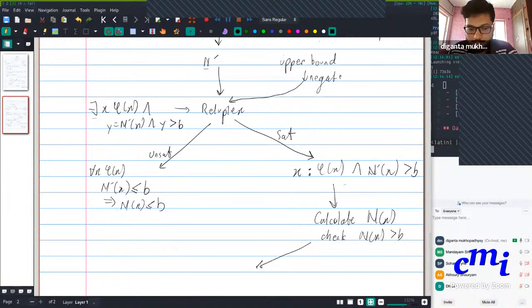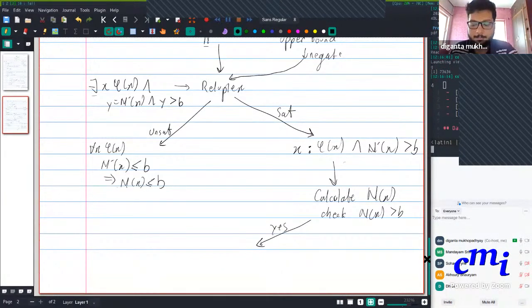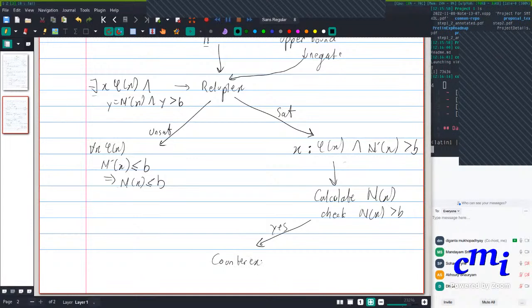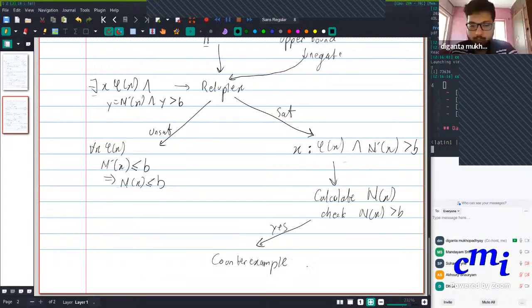If you get yes here, then you have found a counterexample, right? Does it make sense? So then you can output this. You return false, because the property doesn't hold.